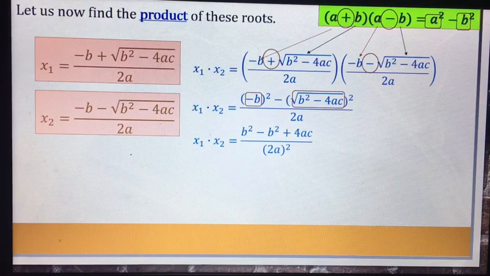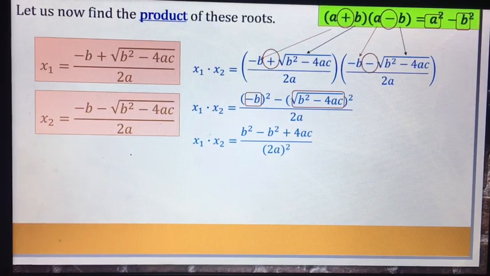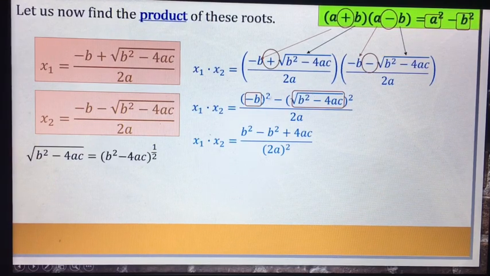So how did it become this? How do we square radicals? Radicals have an exponent of 1/2. The square root of b squared minus 4ac equals b squared minus 4ac raised to 1/2.